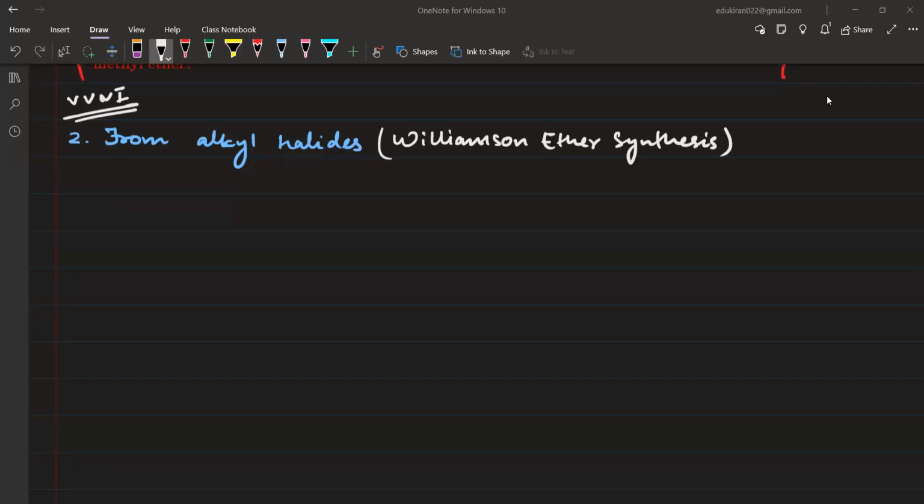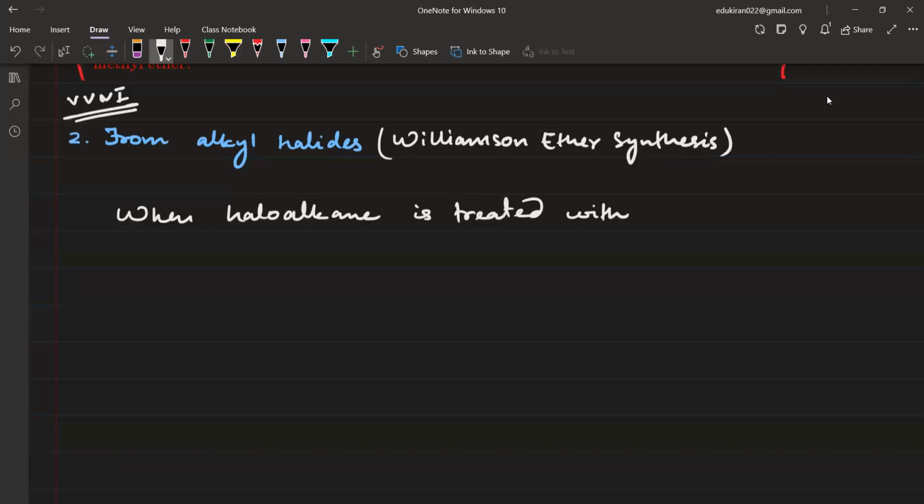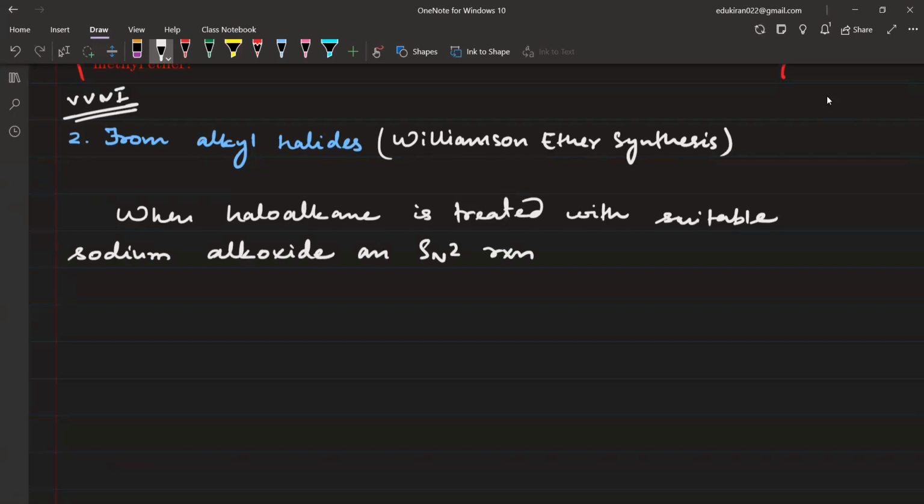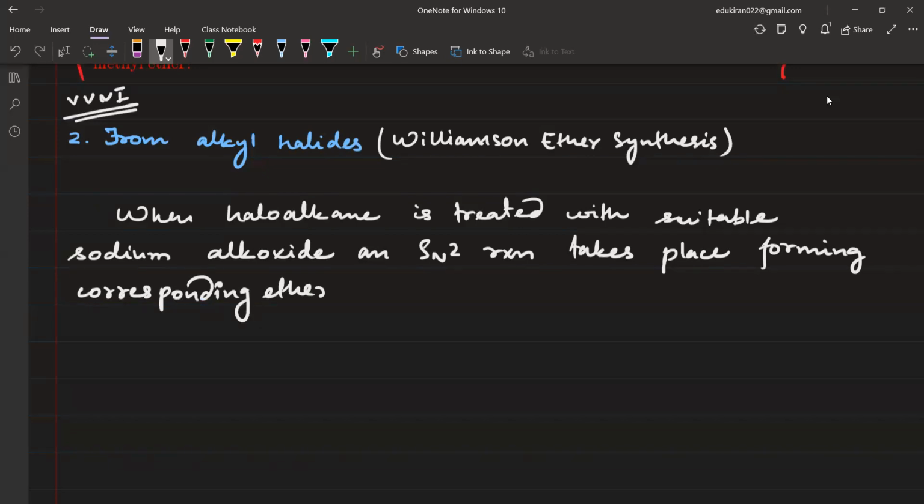When haloalkane is treated with suitable sodium alkoxide, an SN2 reaction takes place, forming the corresponding ether. Write this down, then we will explain what is happening.